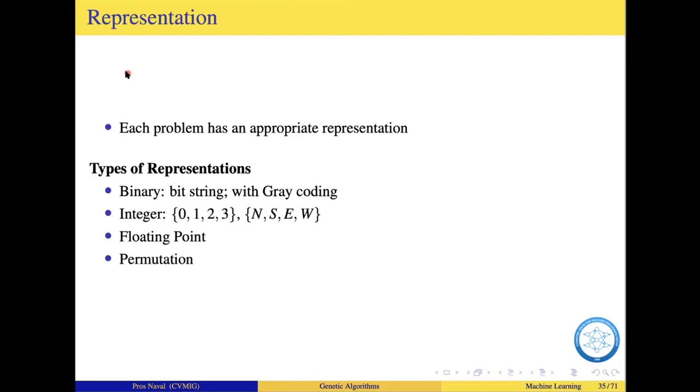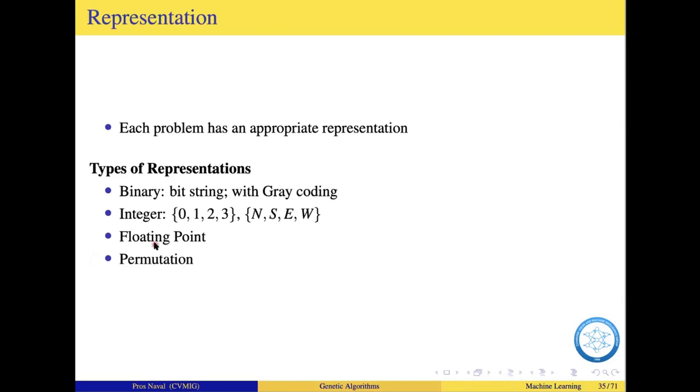It could be negative. It could even be values like north, south, east, west. It could be colors: blue, red, pink, orange, anything you like. So it's also convenient to have a floating point representation.